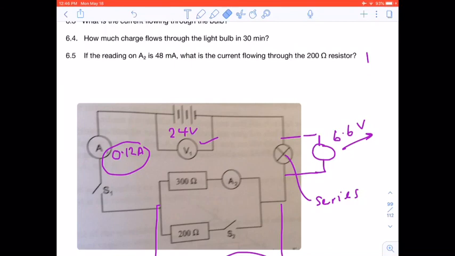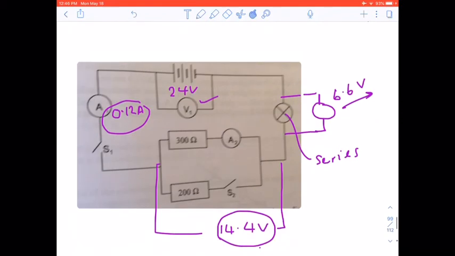Right, and in 6.4 we would like to know how much charge flows through the bulb in 30 minutes.